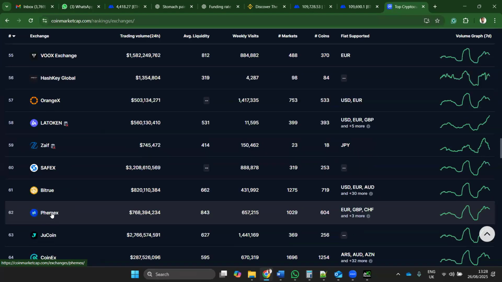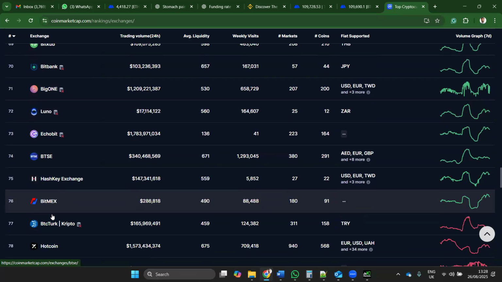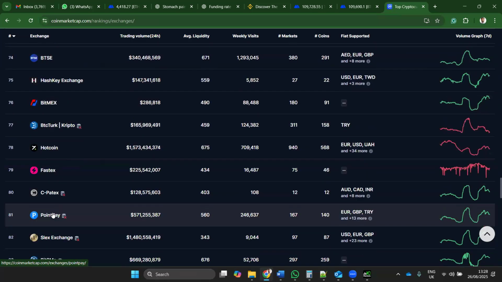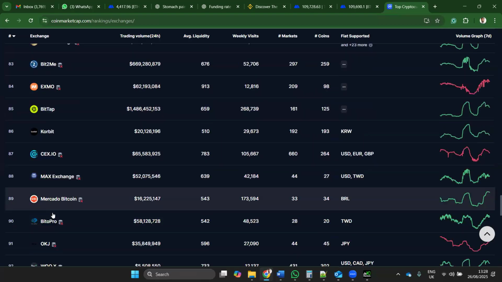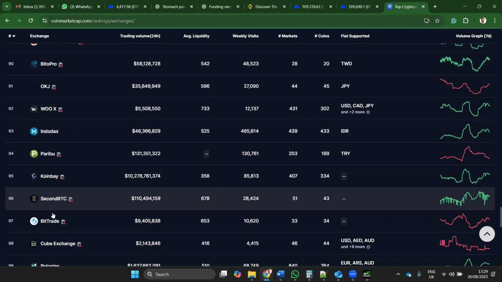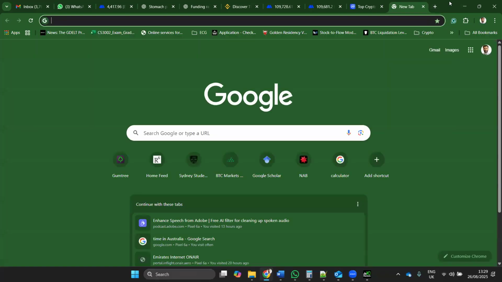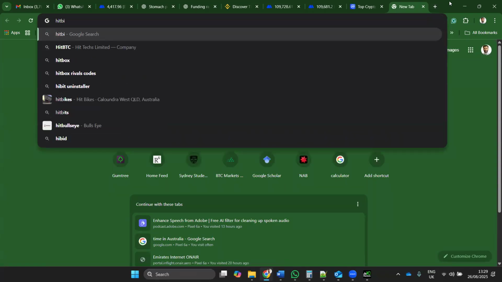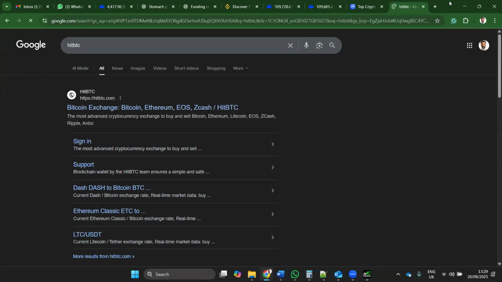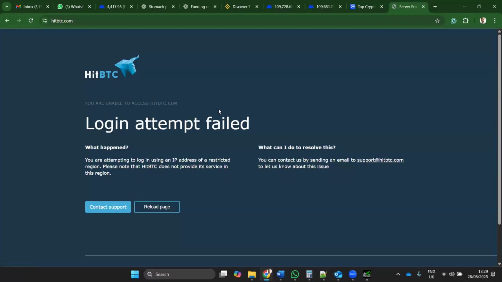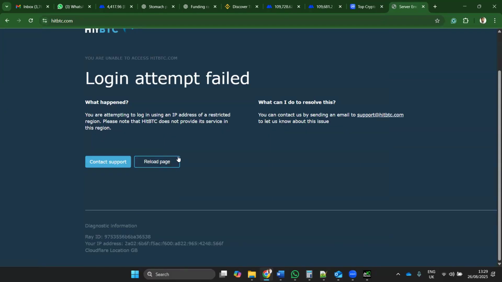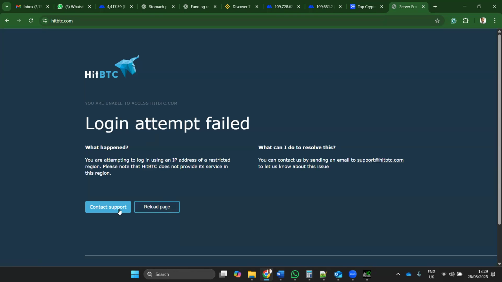Let's go to a lower ranked exchange. I think I once used Hitbit long ago. I don't know why it's blocking me.